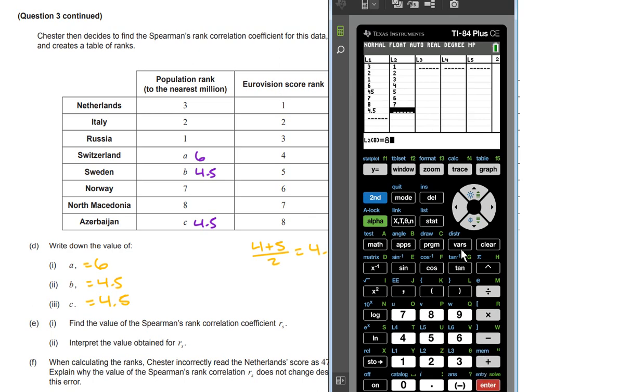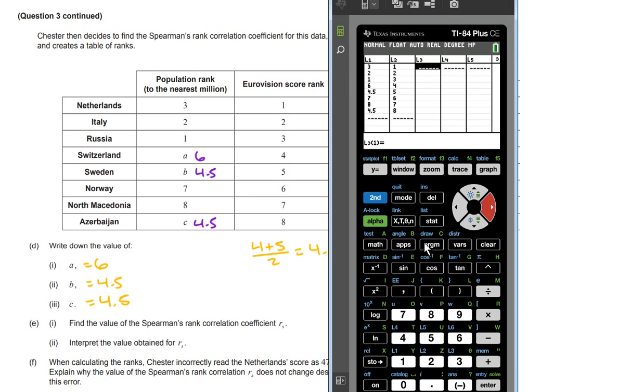Always a good idea, after you enter everything in, to just double check to make sure. Ooh, look, I put 45 instead of 4.5. So let's go back up and fix that, because that would definitely throw our data off. And the grader here is not going to be able to see that I inadvertently put a 45 instead of 4.5. So good thing we double checked.